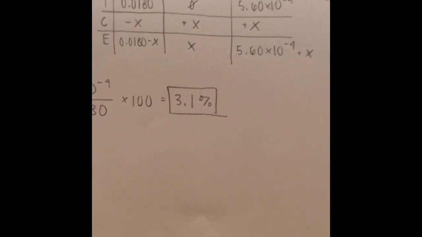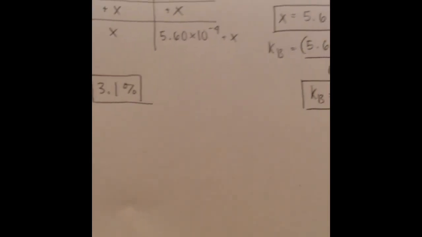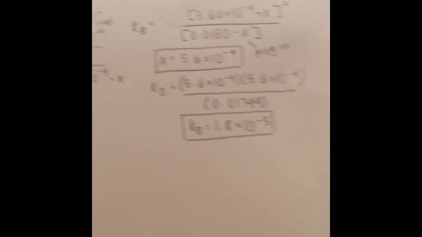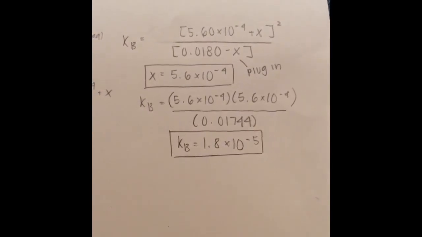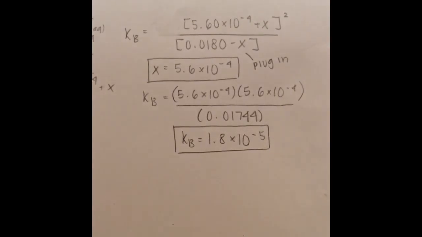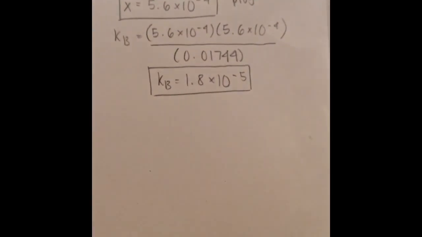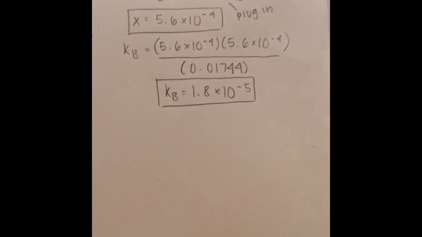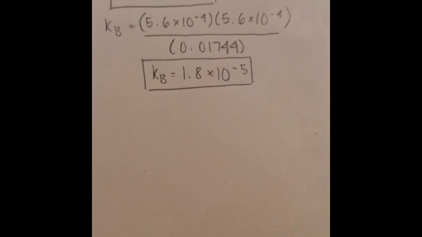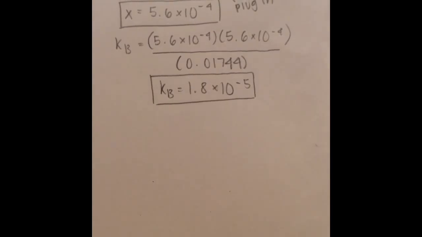We add X because it's a product with a coefficient of 1, so our equilibrium will be 5.6 times 10 to the negative fourth plus X. You plug it into the equilibrium expression we had before, and you have Kb equals 5.6 times 10 to the negative fourth plus X, squared, over 0.0180 minus X. Plug in the X value you solved for earlier, so you get Kb equals 5.6 times 10 to the negative fourth squared over 0.01744, and therefore you get Kb equals 1.8 times 10 to the negative fifth, and since K is the equilibrium constant, there are no units.